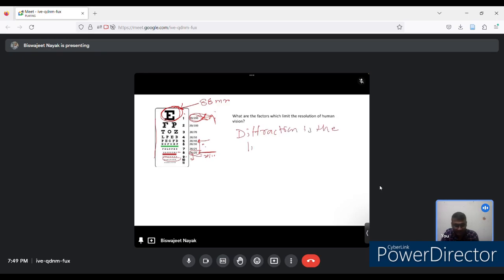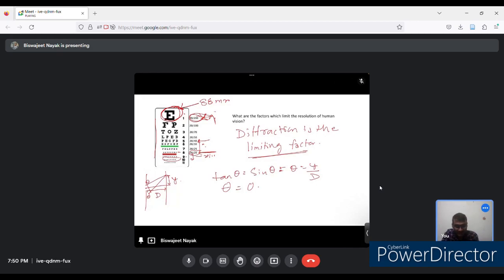So if we do a simple calculation to see what resolution one human eye can achieve, from the single slit experiment we have seen... I just want to show you what values human vision can resolve.